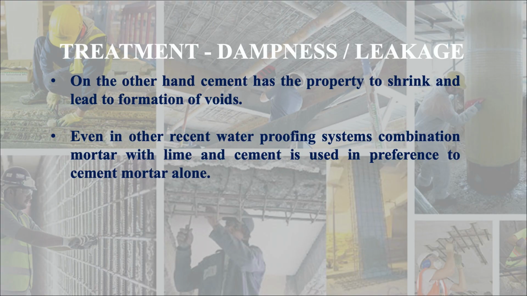And this utilizes the property of the expansion of the lime on hardening due to the formation of calcium carbonate and filling the voids. Even in other recent waterproofing systems, combination mortar, which is made of lime and cement, is used in preference to cement mortar alone.